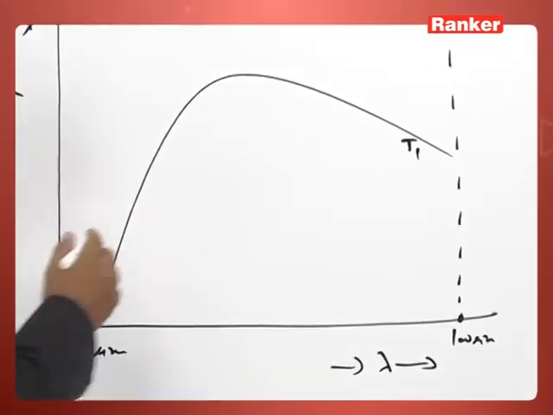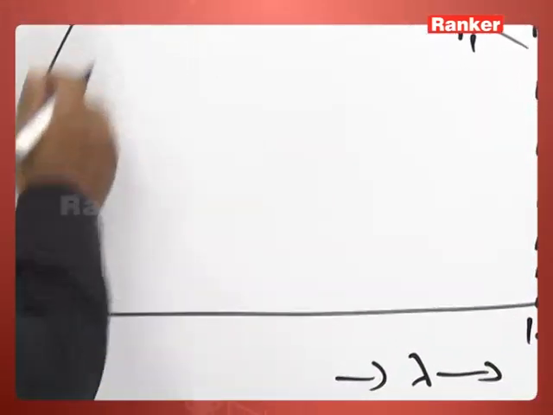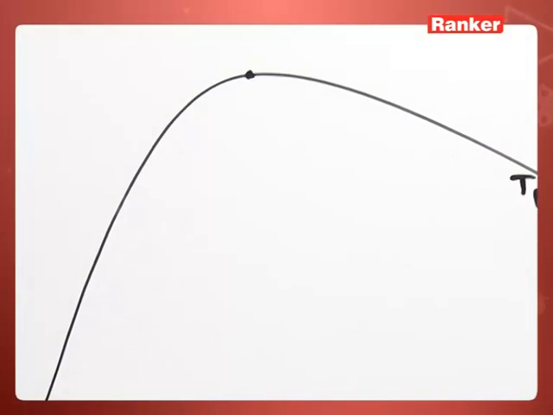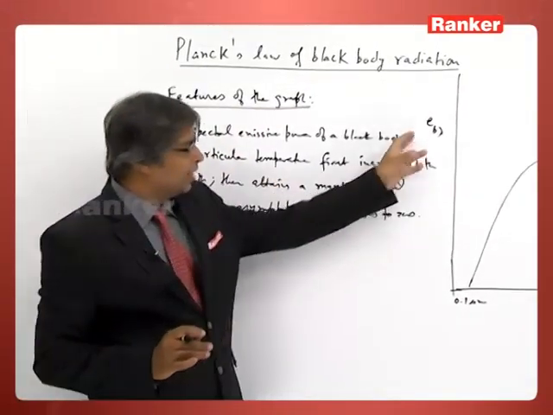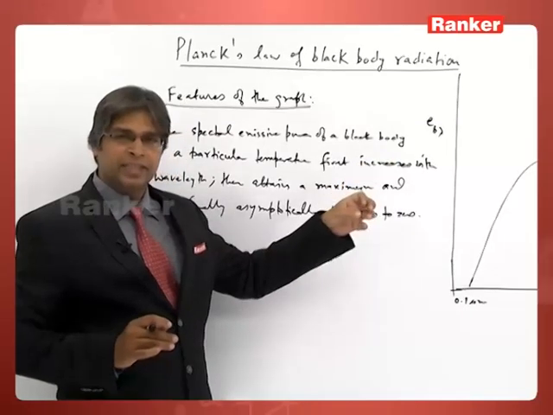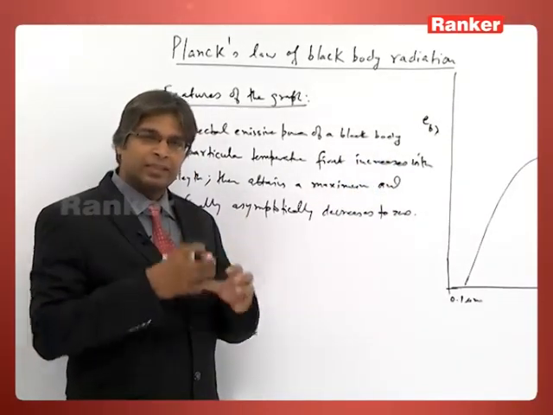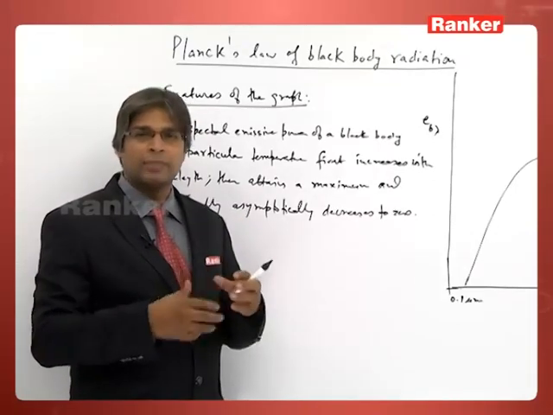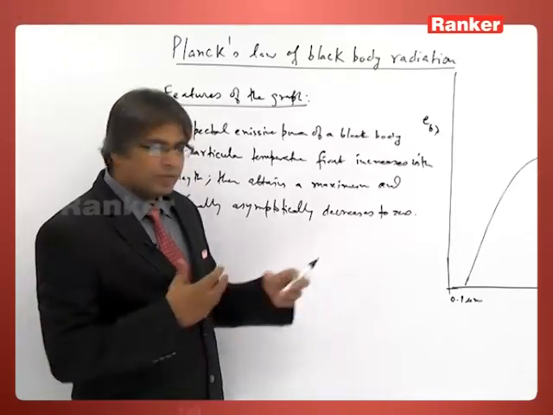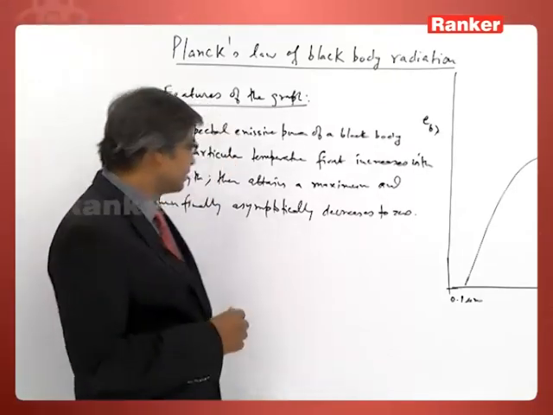So, you can see this is the maxima. So, till lambda attains this value, it increases and then decreases. So, you can see this, the quanta of energy or the energy distributed in the whole enclosure is similar to the velocity distribution or Maxwellian distribution in an ideal gas.